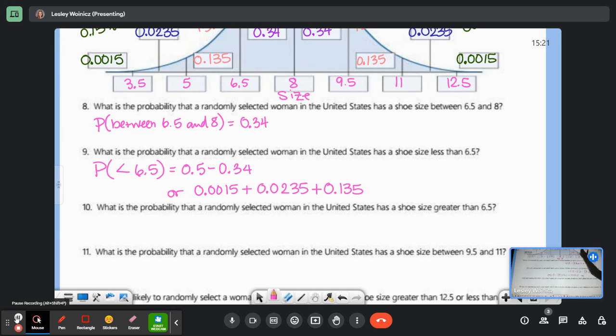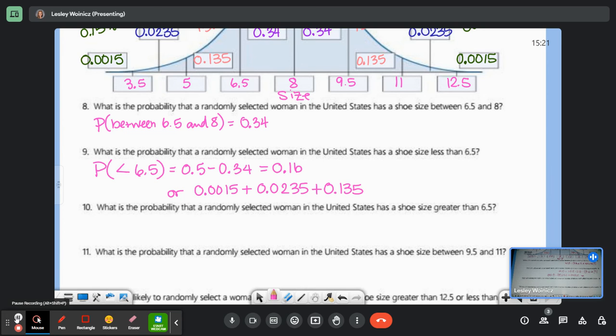Don't overthink it. You should get 0.16 either way you do it. Sometimes subtracting is fewer keystrokes.